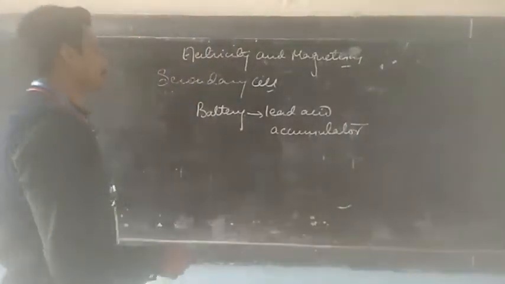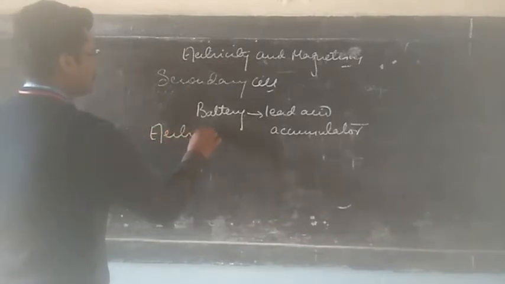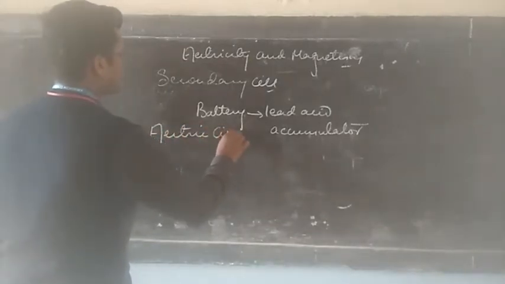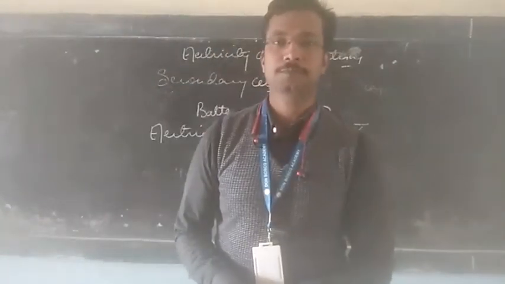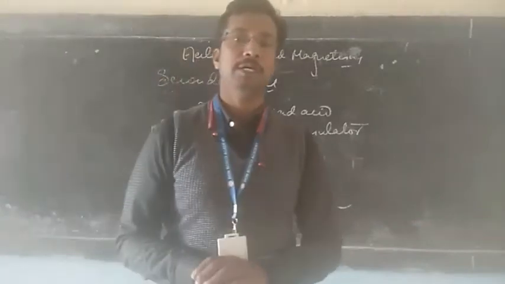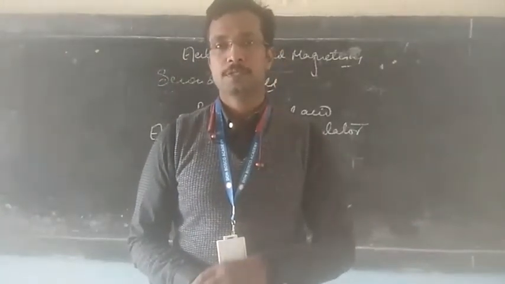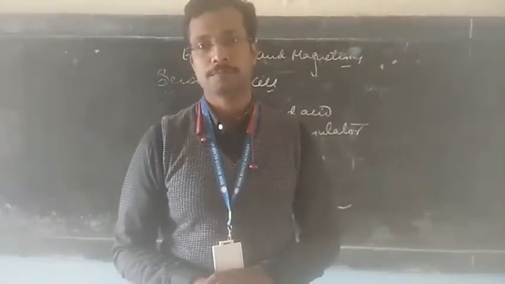Let us now move to electric circuit. Electric circuit, when we talk about it, only means the path through which the current flows. Circuit is nothing but the path through which the current flows.